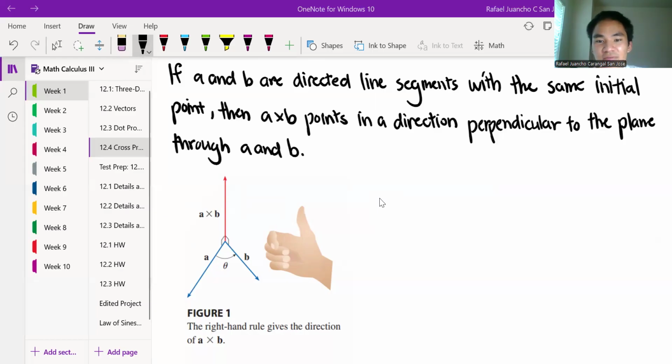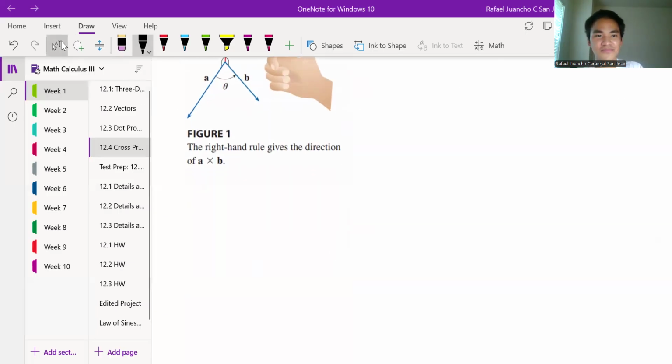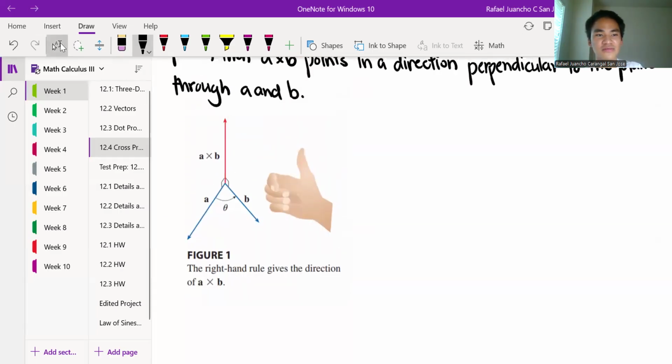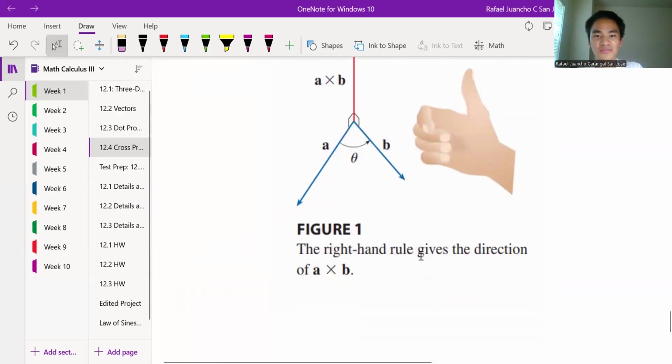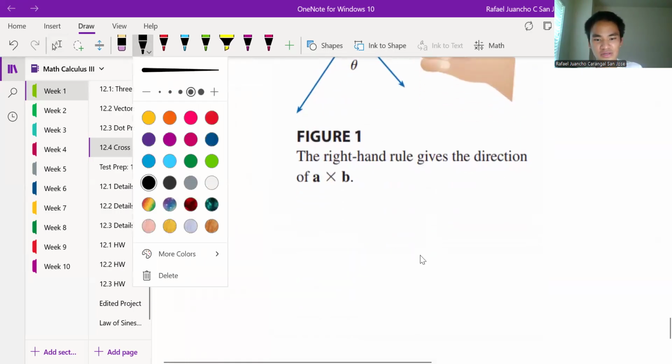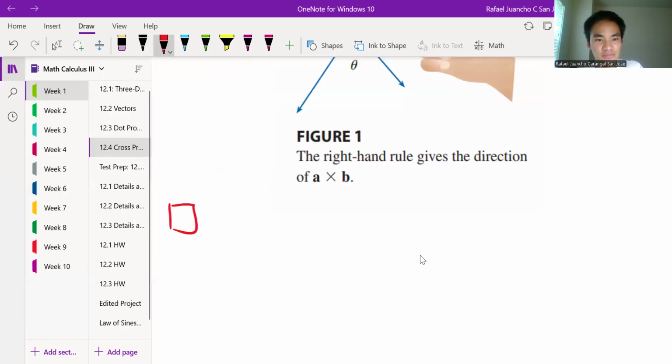Well, we have another theorem for that. I'm going to zoom this in a bit because it's important.